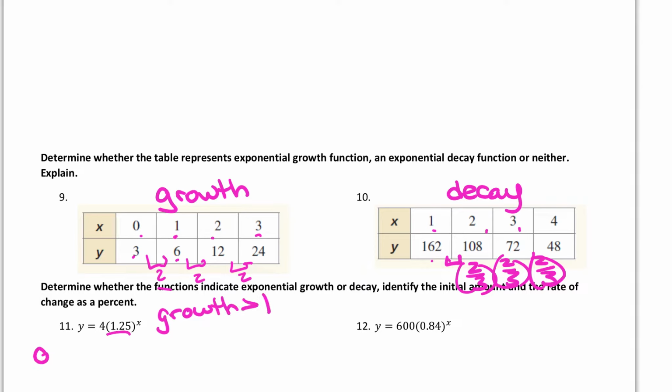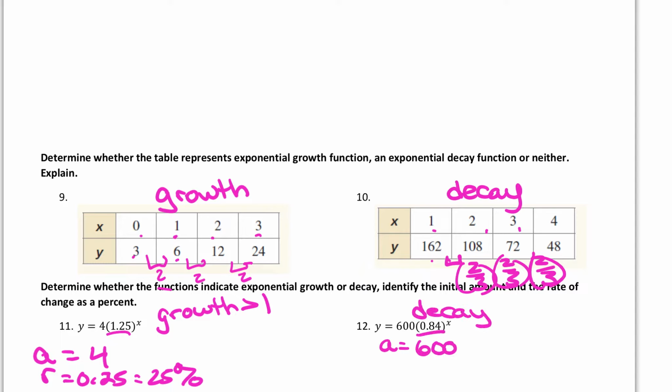So your initial amount, A, would be 4, and your percentage as a decimal, your R value, would be 0.25, and as a percent, 25%. For number 12, your initial amount is 600, and this is a decay.